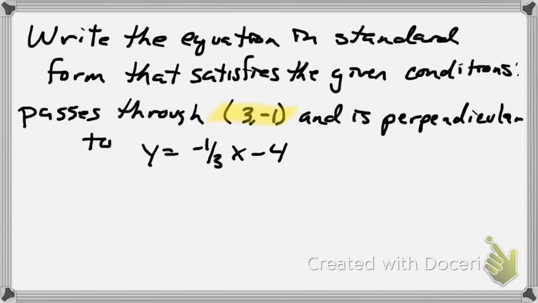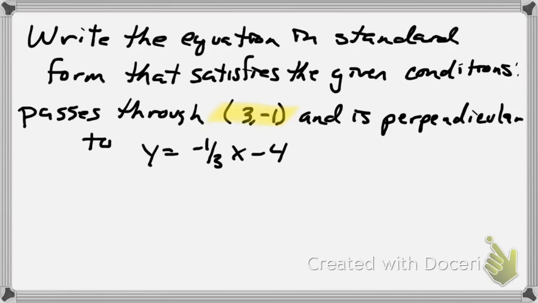That was just flat out given to us. And we need to come up with a slope based on the other clue. The other clue says that we are perpendicular to -1/3 x minus 4, which should be plenty of information for you to come up with your slope.